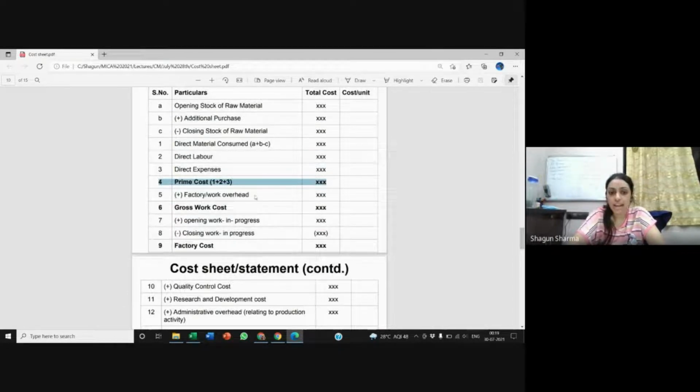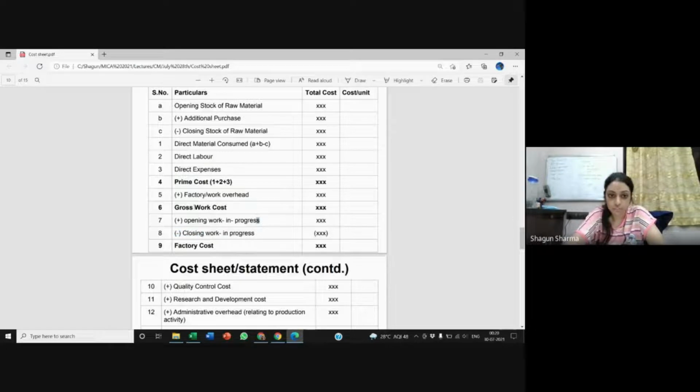Now to that, I add factory overheads. So these are generally fixed expenses that I incur in relation to my factory. So this could be, say, my factory electricity or my factory rent. Okay, so when I add this factory overhead to my prime cost, the figure that I get is called the gross works cost. Okay. Now to this, we make the same adjustment that we learned for fixed cost, where we add opening and we subtract closing, except that here it is the WIP inventory.